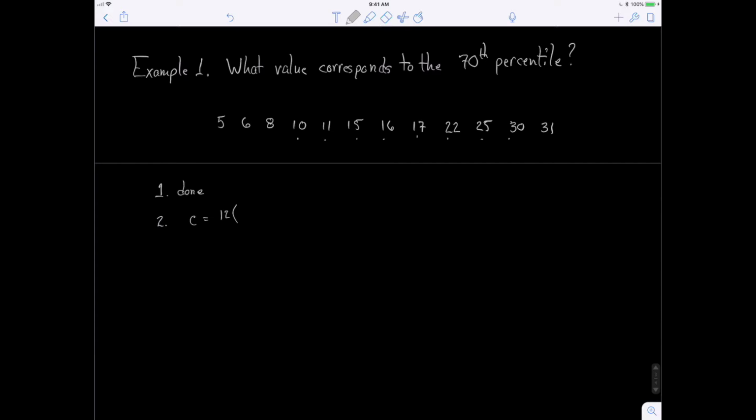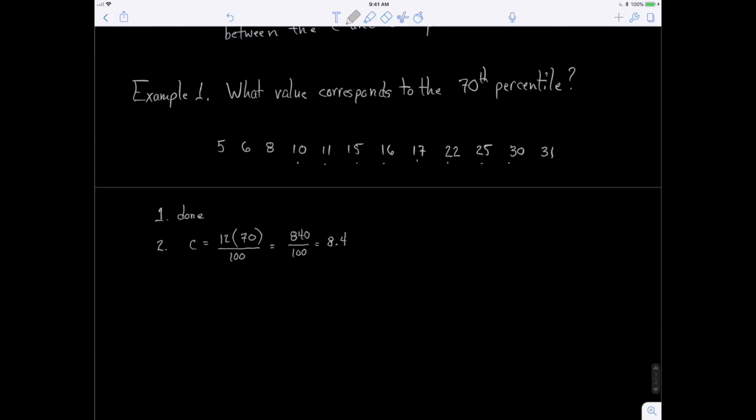Since we're looking for the 70th percentile, we don't have to change it back to a decimal. We just use the 70 and divide the result by 100. So 12 times 70 is 840, and if we divide it by 100, we come up with 8.4. Now let's look up above and see what we're supposed to do with 8.4.